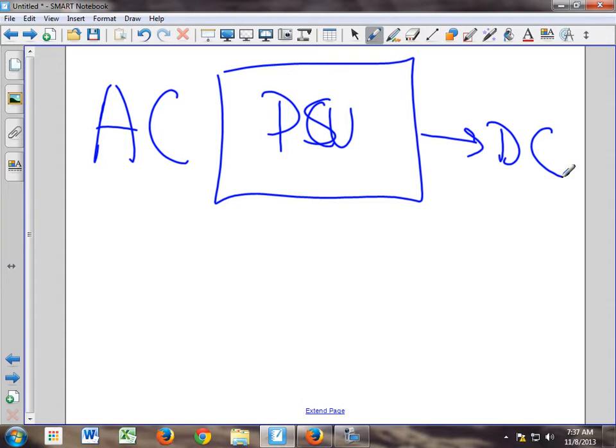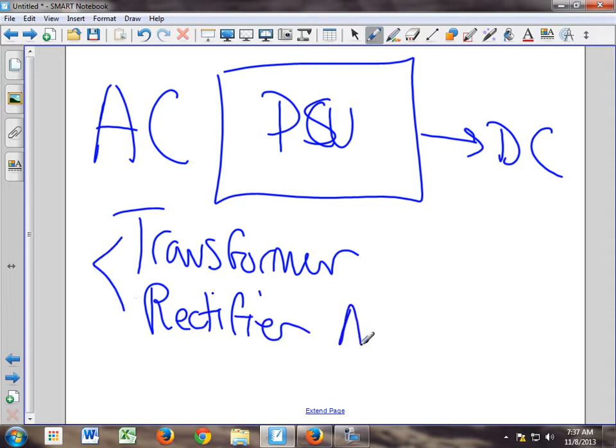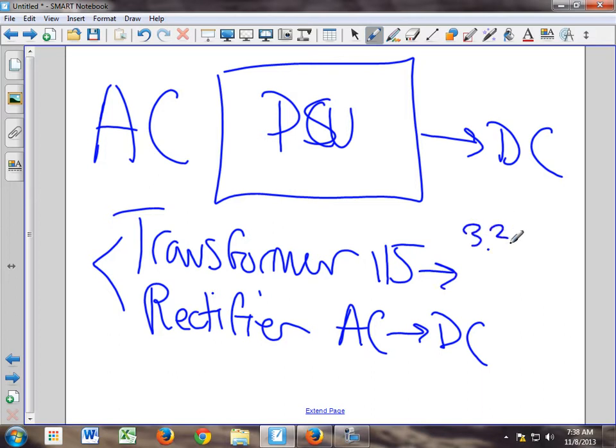It works as a transformer and a rectifier. It works as both those things. It rectifies AC to DC, and it transforms 115 to 3.3, 5, and 12 volts.